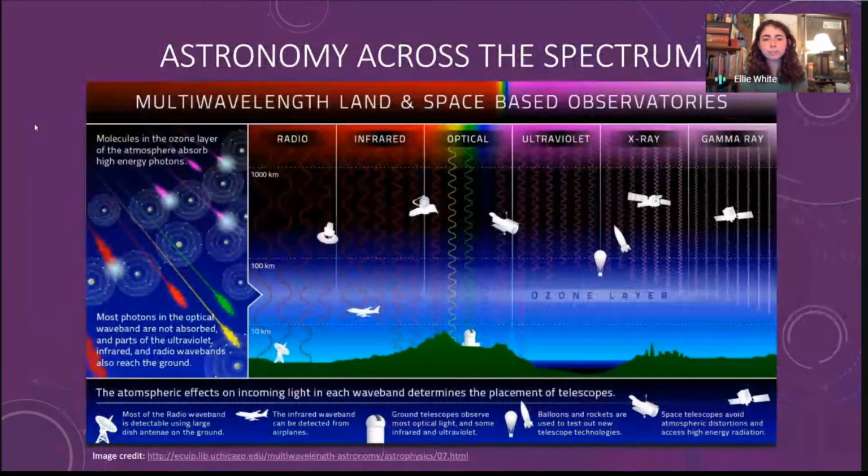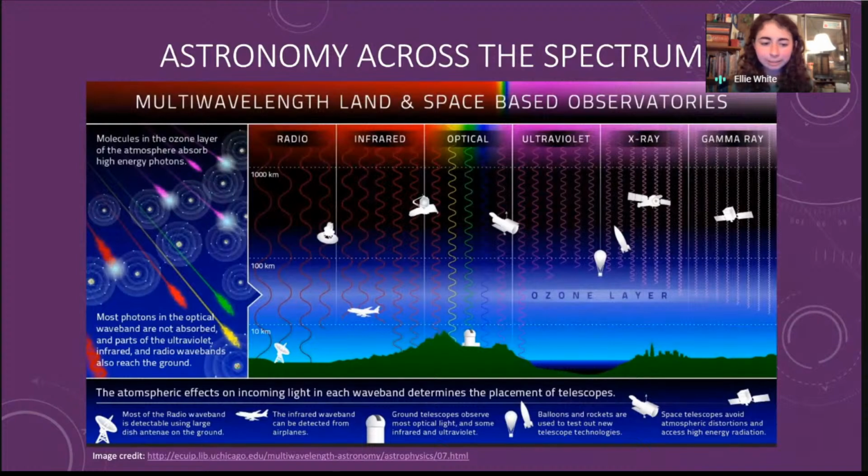So first, I know a lot of people here are on the optical side of things, so I thought I'd give a brief introduction to multi-wavelength astronomy and why I think it's really cool. I really like this image because it gives a perspective on how we can see out into our universe from the planet Earth.